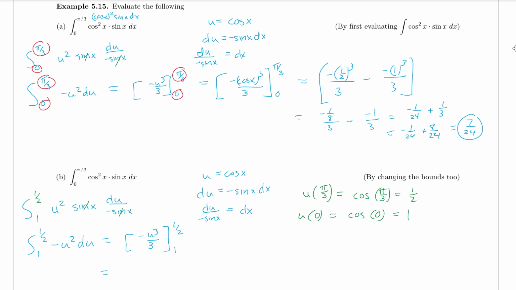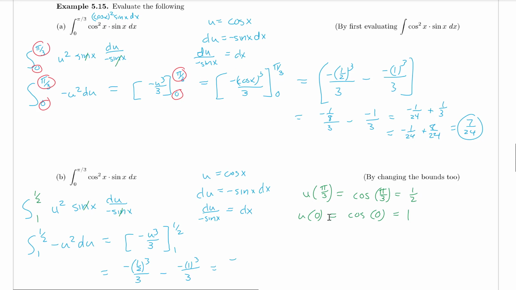And that allows me to stay a little bit more organized. When I plug in the 1/2, I get negative 1/2 cubed over 3, and when I plug in the 1, I get negative 1 cubed over 3, and what I have here is exactly what I had after I evaluated my antiderivative in the first example when I substituted back in for the x's.